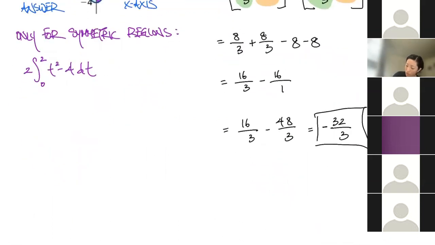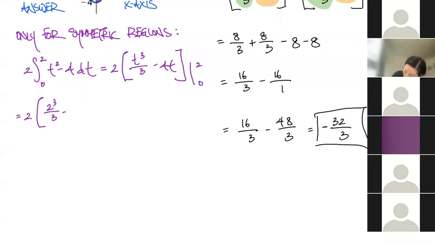So let's see how this changes our problem. We're still going to, I think as Isaac said, we're still going to take the antiderivative. So, or maybe it was Eric. So we'll get t cubed over 3 minus 4t, but this time my bounds are 2 and 0. Okay, now keep the 2 in the front. We're going to plug in 2. And then we're going to plug in 0.